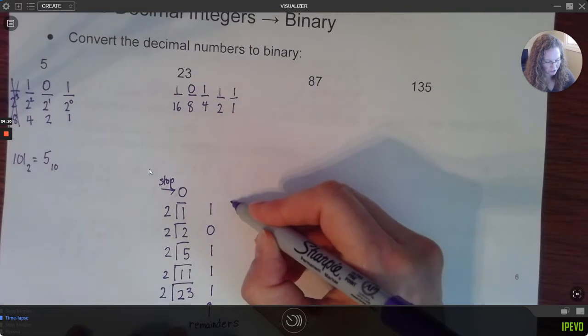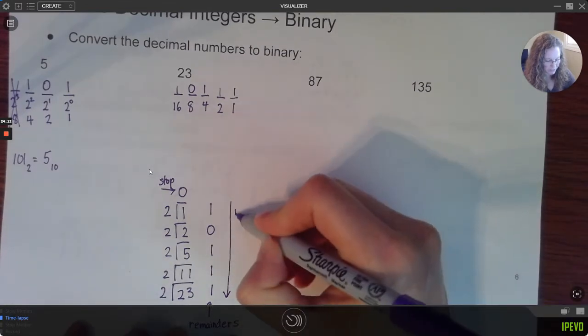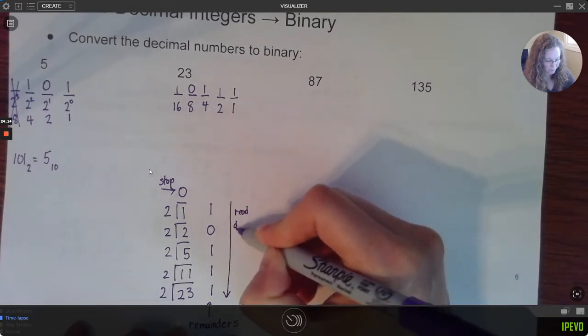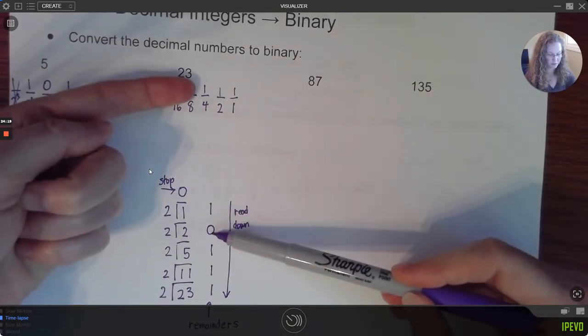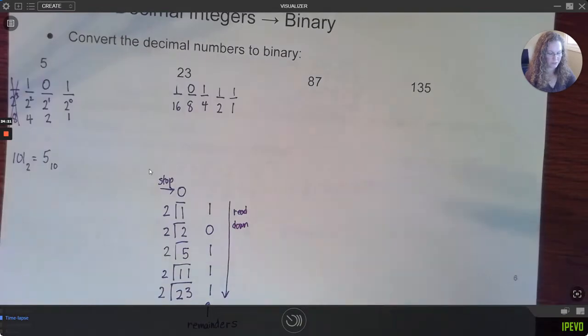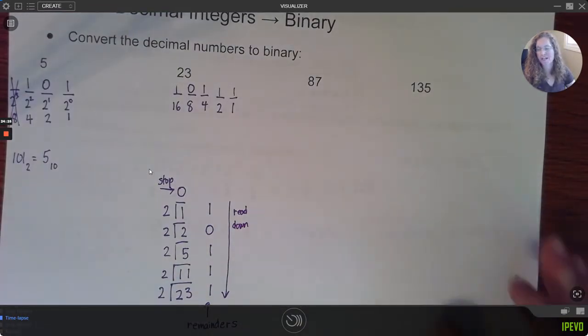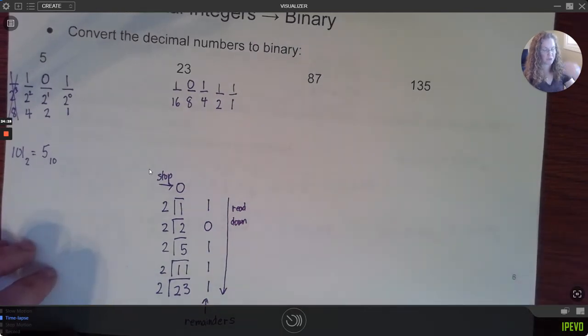If I read this down, you will see that this 1, 0, 1, 1, 1 is the binary representation of 23. So I can get that binary representation by just this repeated division by 2 process.